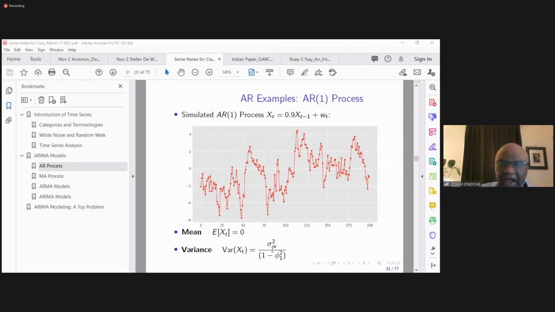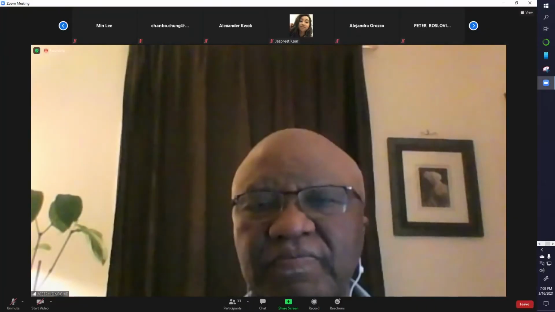So I will go through that equation, but the variance will be the autocovariance at lag 0, yes? So I'll just derive the autocovariance formula for an AR1 process, and then when you plug in lag 0, it will be the variance, okay? All right, so that's what we shall do beginning next Thursday.